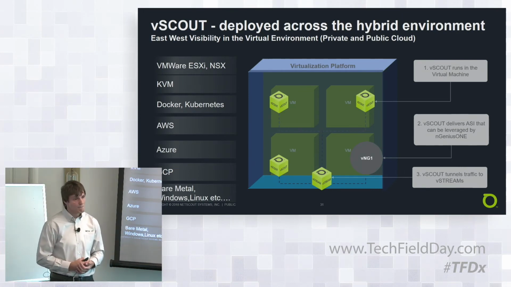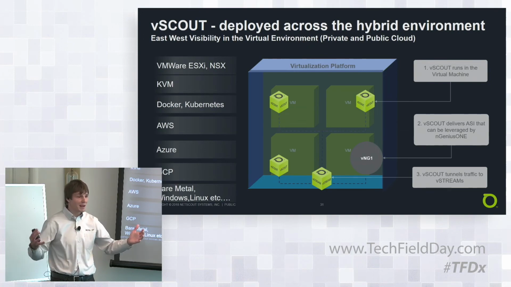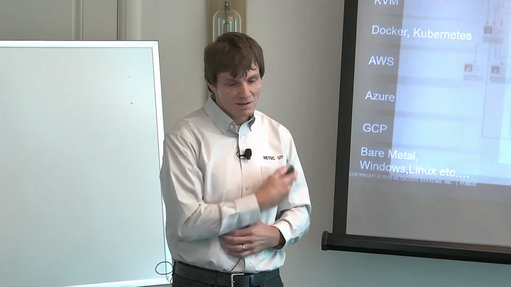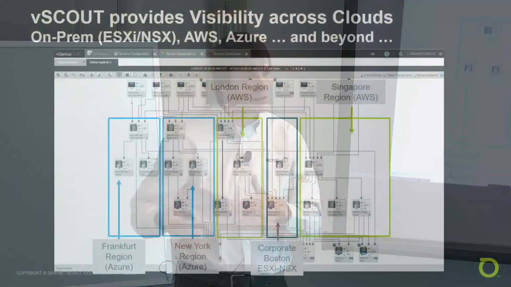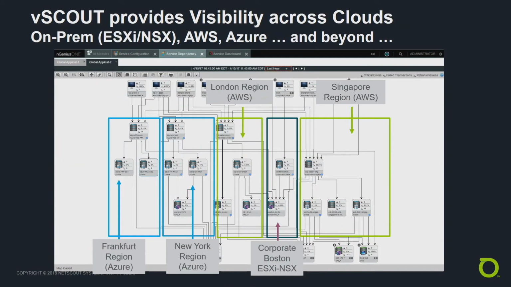This has no dependency on NSX, but we can create a service, as I showed there, where we've got NSX stuff with the same metrics as bare metal, as Google, not in this case, but in Amazon and in Azure. And we can ingest it all into the same dashboard. That is the same dashboard, absolutely right, yes.